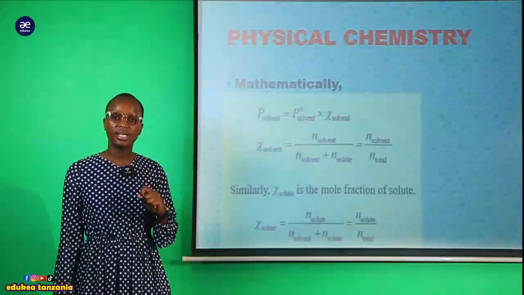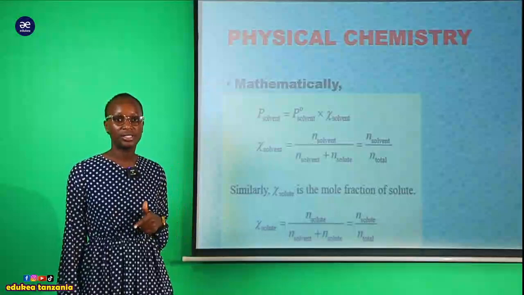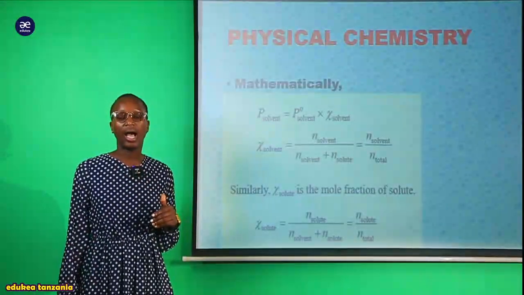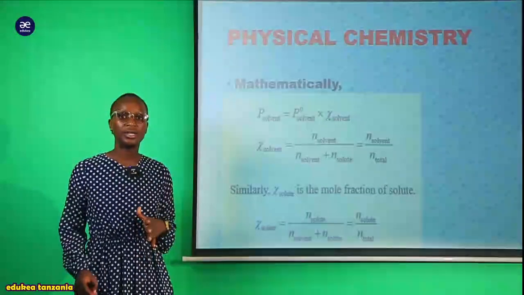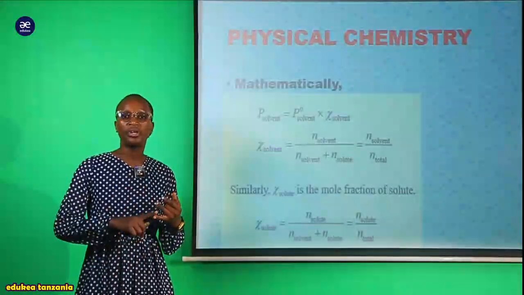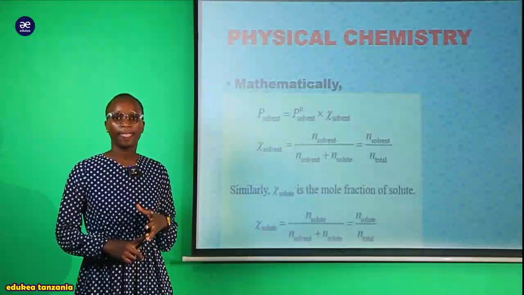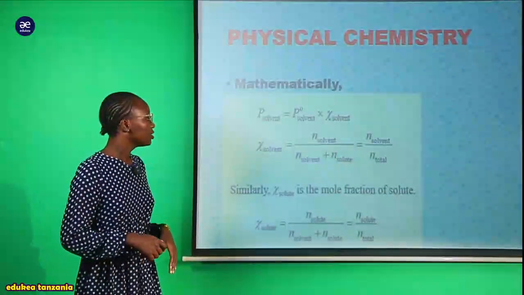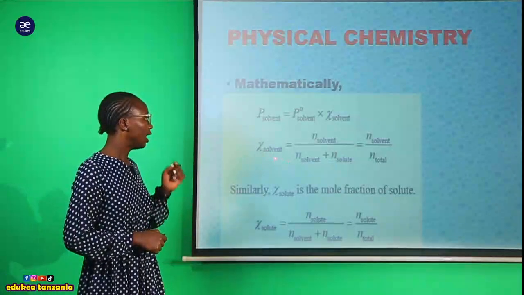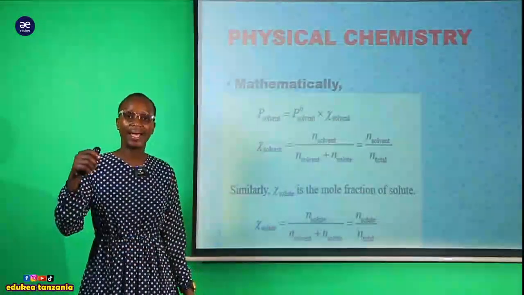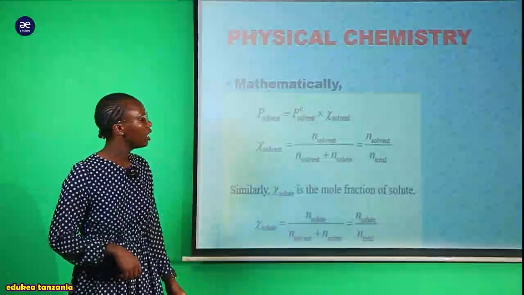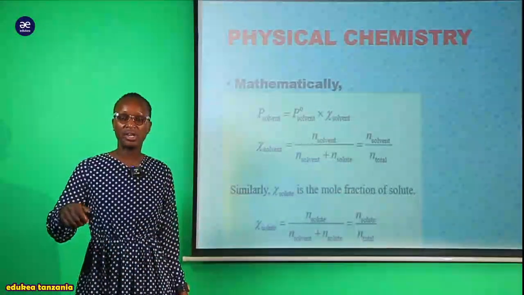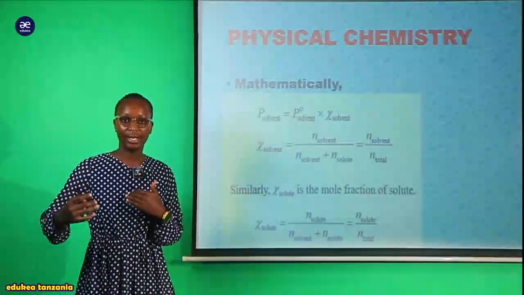Now if you remember well, in the previous concept wakati tuna solve issues za gases, tulisema kwamba mole fraction always is given by n of the component, maybe it's component A, over the summation, I mean n total, ambayo n total inamaanisha ni mole fraction of component A plus mole fraction of component B plus mole fraction of component C, whatever. So you can see that mole fraction of the solvent sasa itakuwa n of the solvent over n of solvent 1 plus n of solvent 2 plus n of solvent 3, whatever kadri zinavyoendelea.